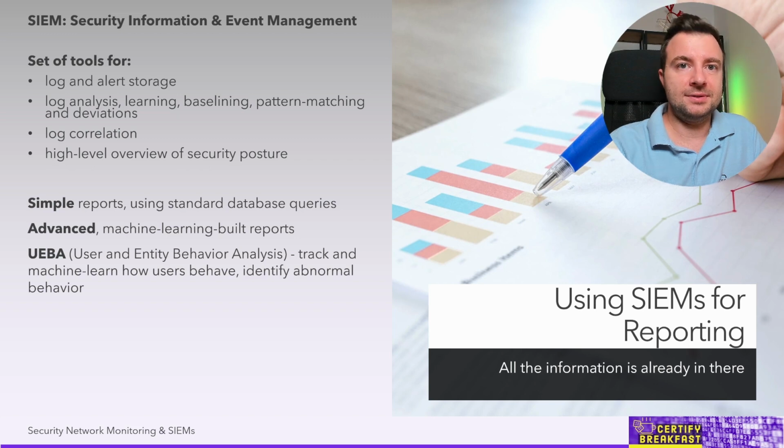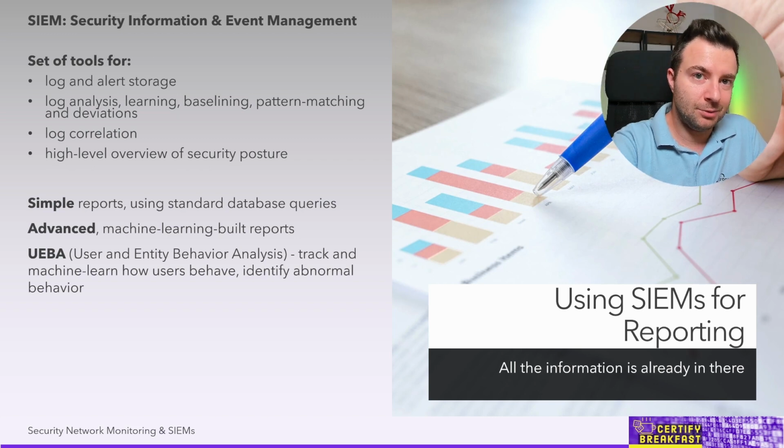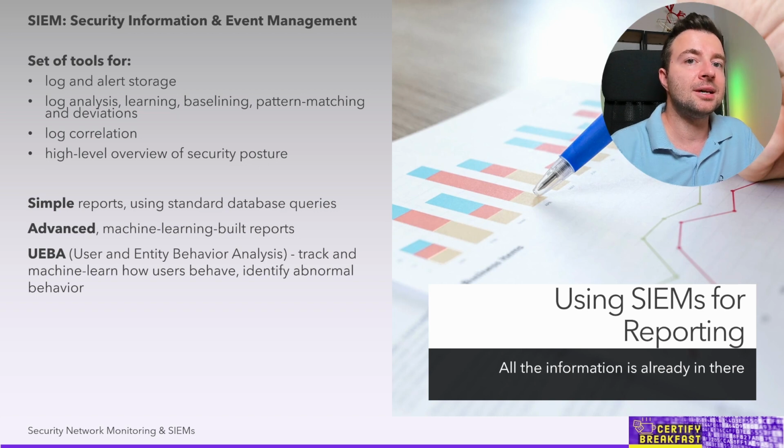And since a SIEM without machine learning functionality is not a very useful SIEM, we could use that machine learning to look at user behavior as well, because in the end, we're trying not to detect just attack patterns, we're also trying to identify who is conducting them. And a great risk comes from insider threats.